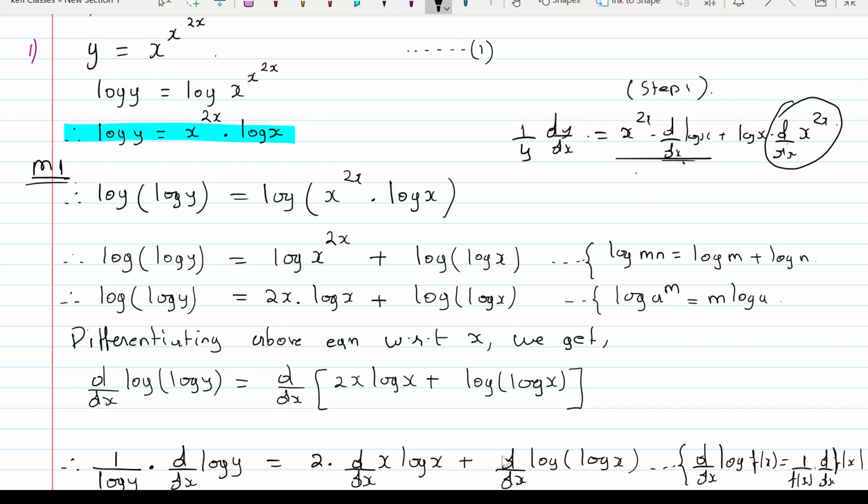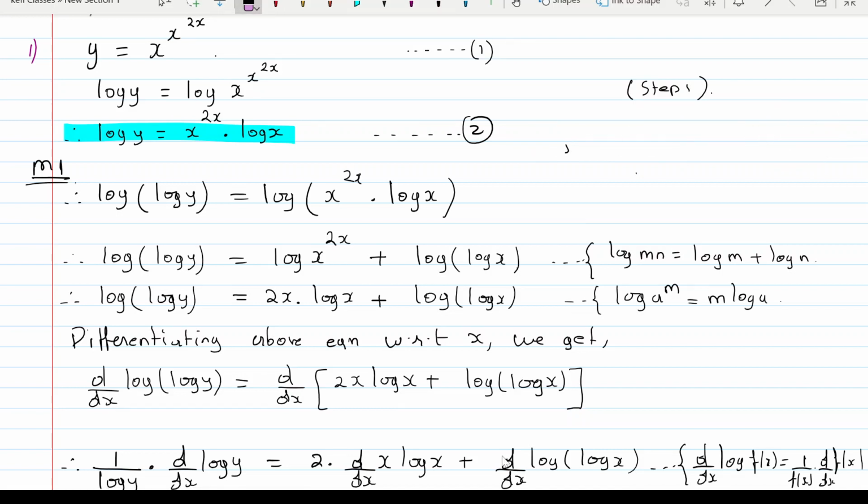What is log y? So it is x raised to 2x into log x, correct? So this is what we will write for log y.